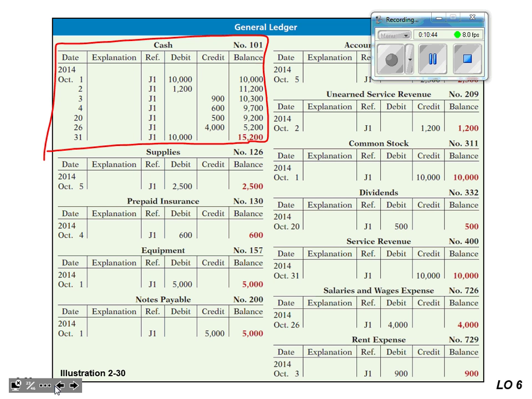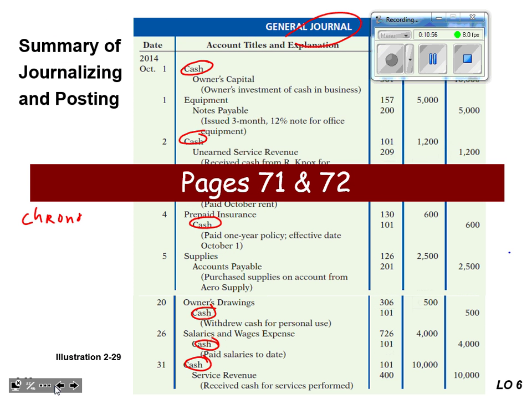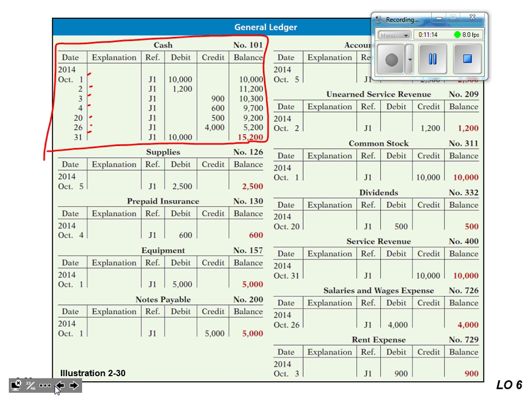I don't care about anything else. Tell me the cash story on October 1st, 2nd, 3rd, 4th, 20, 26, and then 31. That's the cash story. I could go look through this madness and probably would get tongue-tied and cross-eyed, but that's the idea of, what's the word to move it from here to kick it to the ledger? What's the name of that? Post. That's why we take cash on the 1st, go tell its cash story.